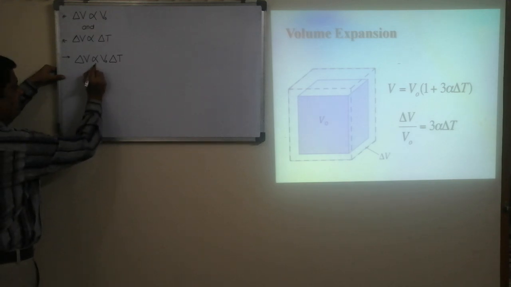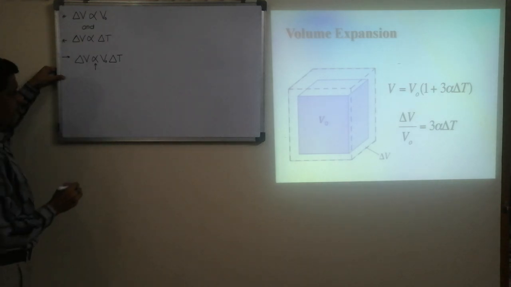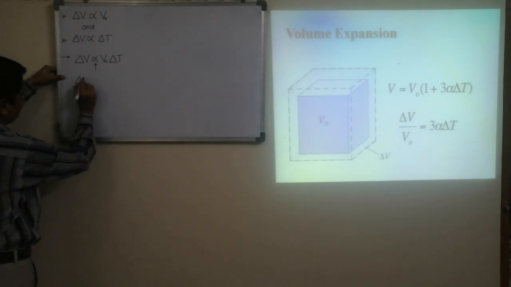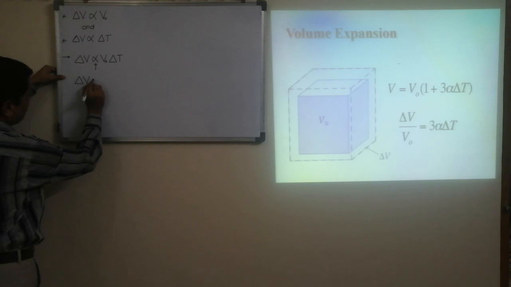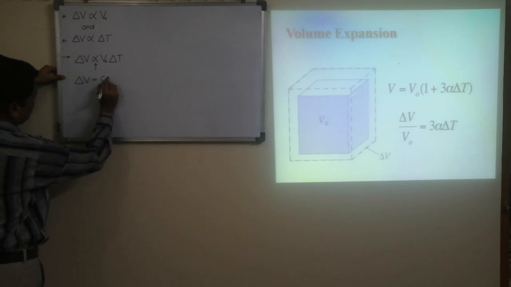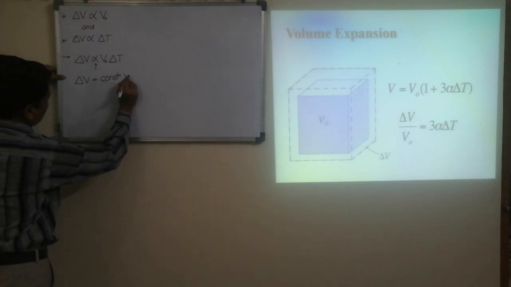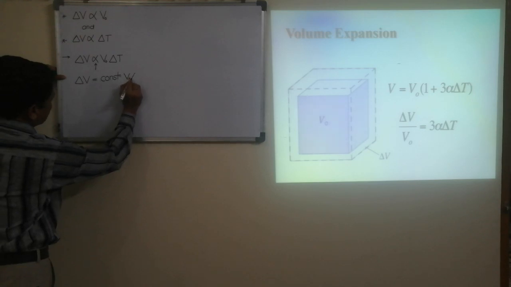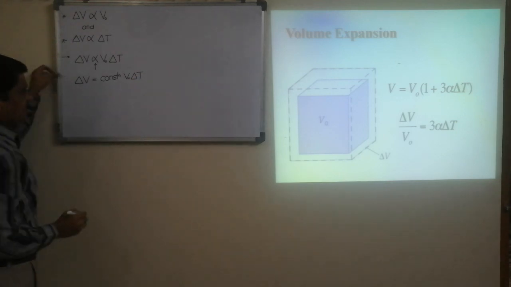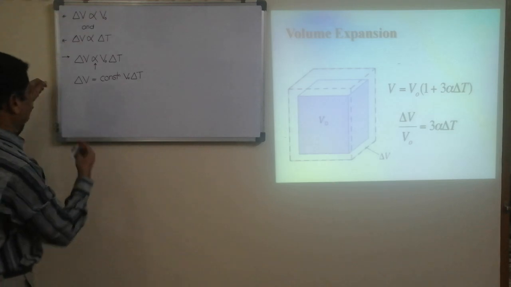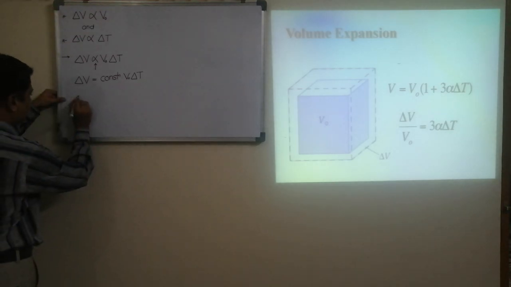This is called the proportionality sign. To remove the proportionality sign, we can put a constant into V0 into delta T. Today, this proportionality constant I can write as gamma.